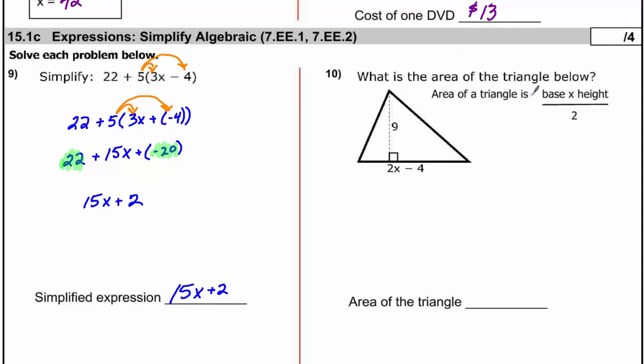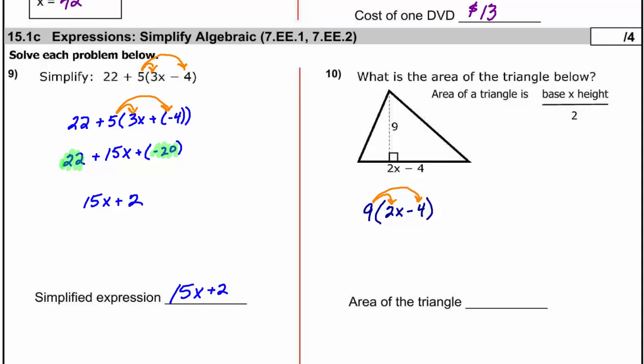Triangle problem. Here's the formula for the area of a triangle. You multiply the base times the height, and you divide by 2. So in this problem, you have the base and the height multiplied together, so 9 times 2x minus 4. I don't really need to make this into an addition problem. I could. I'll show it both ways.